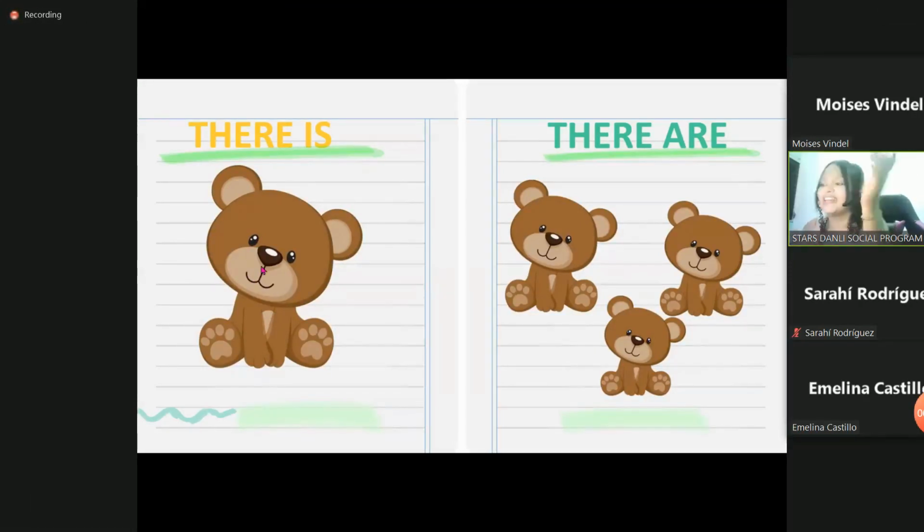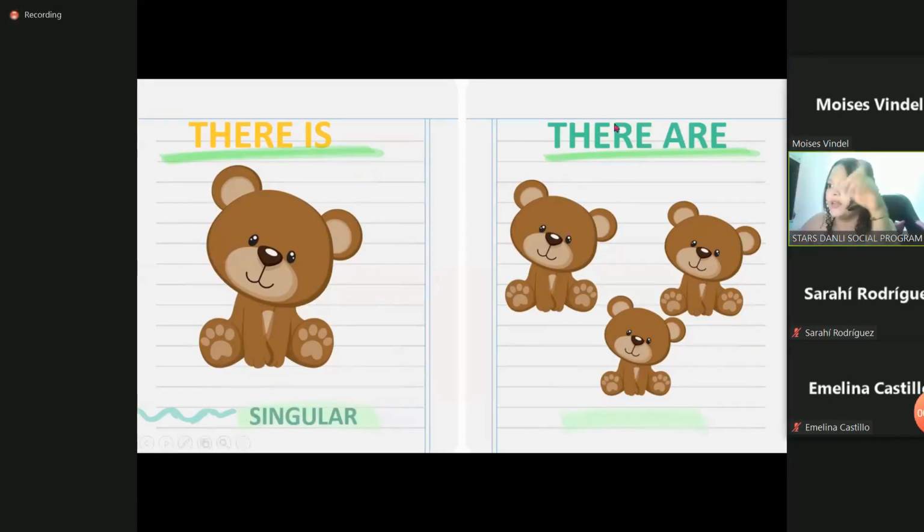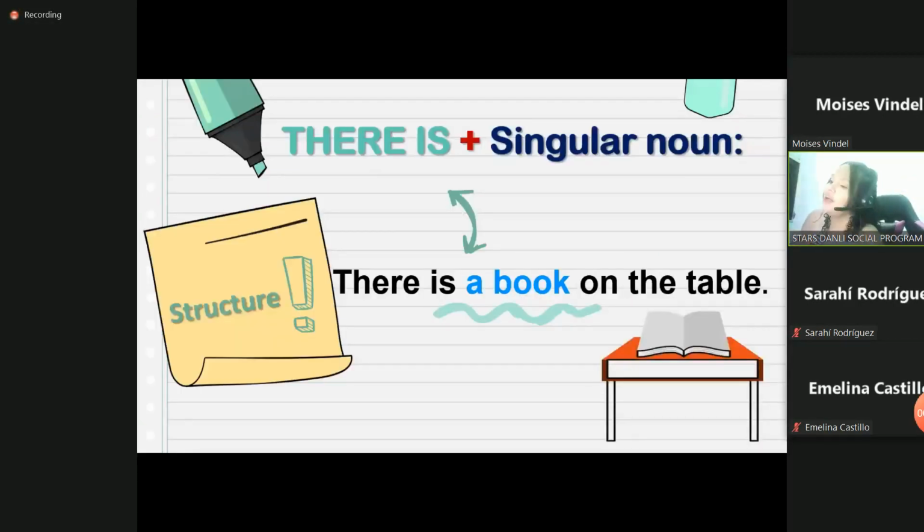In this case, we have just one. So there is just for singular, just one. On the other hand, there are is just for plural form. 2, 3, 4, or more. Okay, we have singular and plural. Now, here we have the structure.